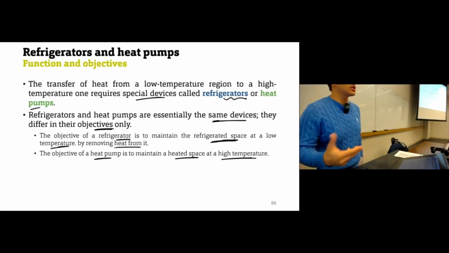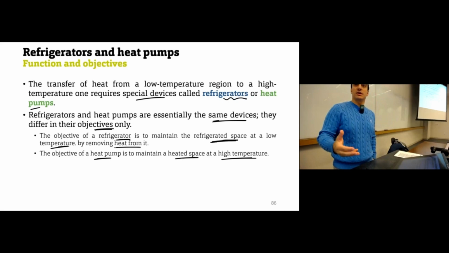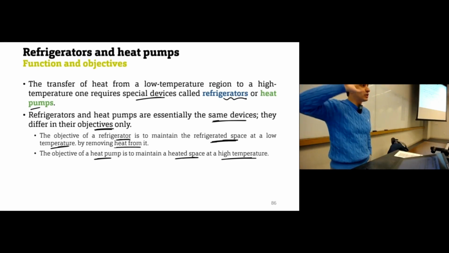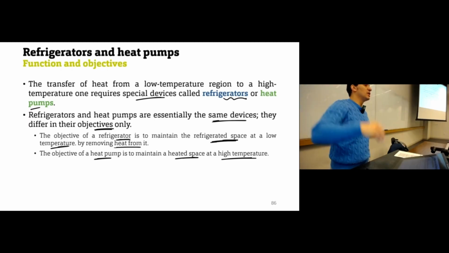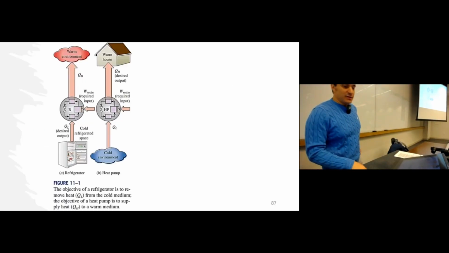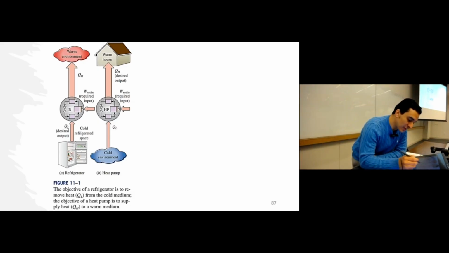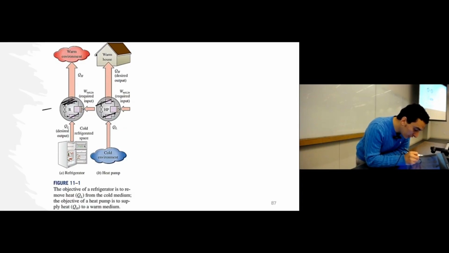The word indicates the objective of your cycle. If you have a heated space at high temperature and you need to keep this space at this high temperature, now your cycle is called a heat pump. If we look at this diagram here, this is a refrigeration system, and this is a heat pump. Again, all these components are almost the same.